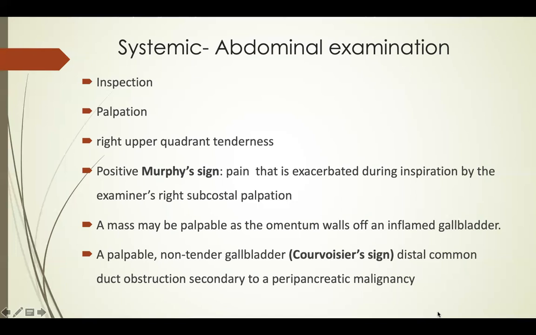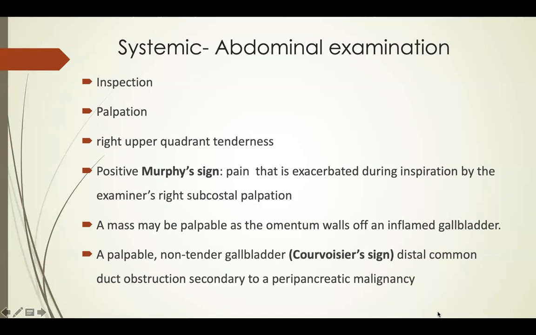This is the holding of inspiration when you palpate, because the patient is feeling some pain, so the patient will stop inspiration, and then we say that Murphy's sign is positive. Murphy's sign is positive in acute cases.